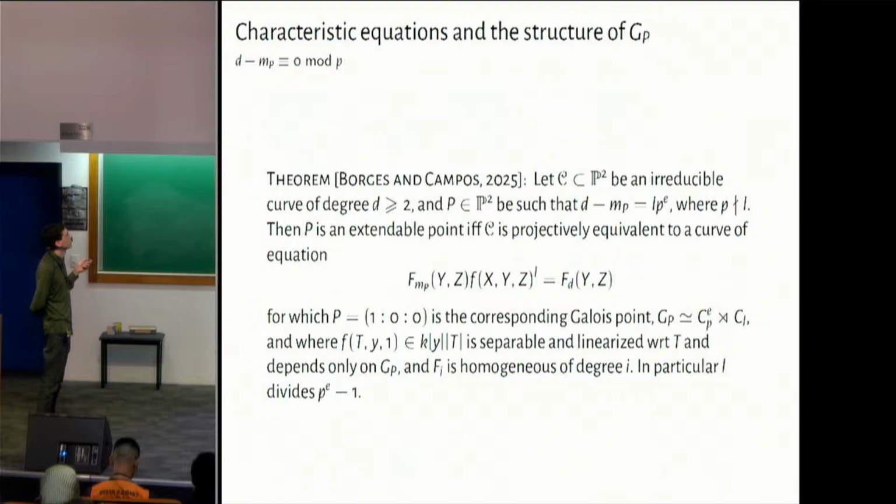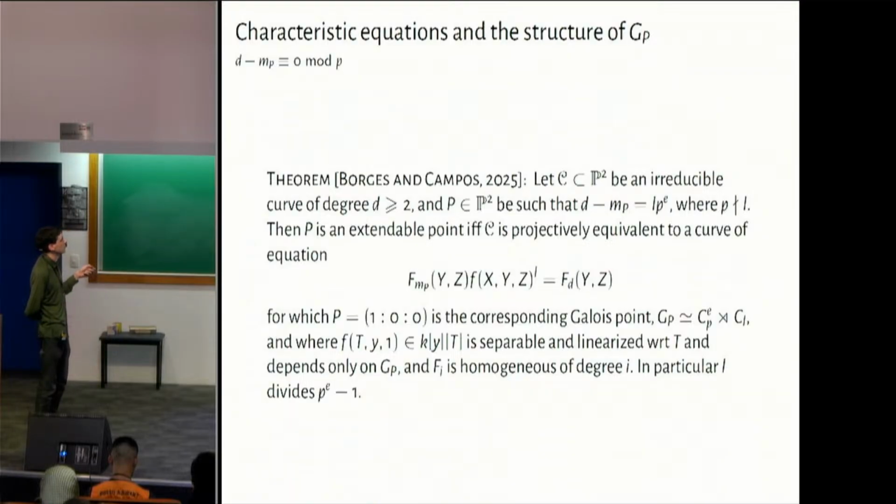And when d minus m_P is 0 modulo p, the equation has this form. Here, this little f is an additive separable polynomial with respect to this first variable here. And these two polynomials are homogeneous of degree m_P and d.